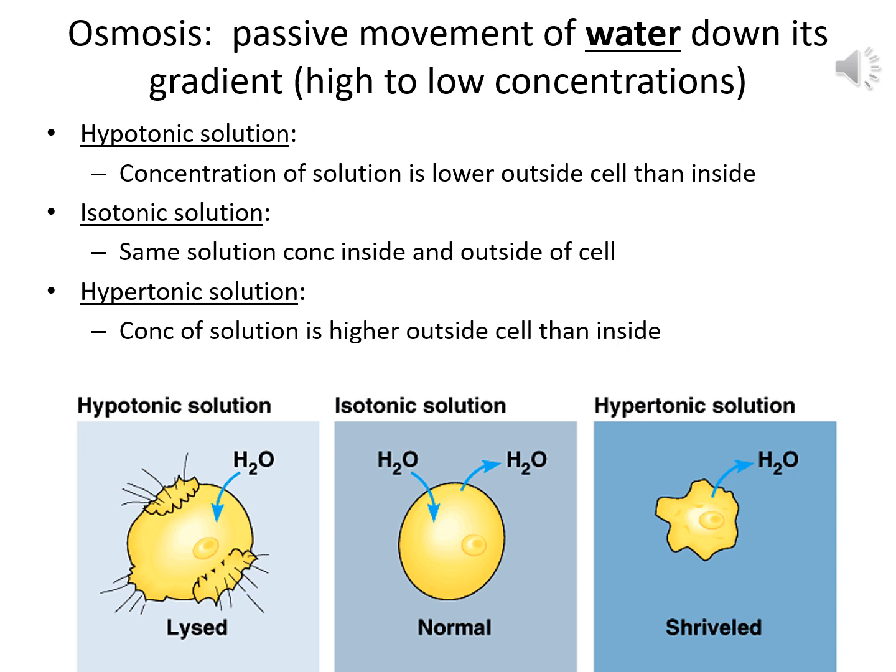That's called lysed. In an isotonic solution, well, the net exchange is equal, so the cell will be normal. But in a hypertonic solution, there's less water outside the cell, so water is drawn out and a pickling kind of event takes place. The cell will look shriveled. This is called crenate.